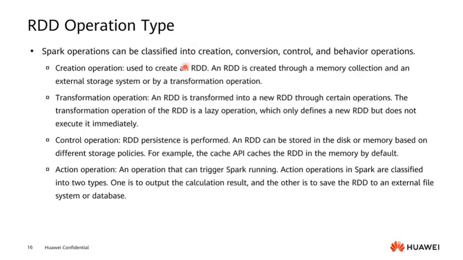Then we will introduce the operation types in Spark, mainly two kinds: transformation operators and action operators. Do you remember the operators of MapReduce? Actually, there are only two operators in MapReduce: map and reduce. By contrast, there are plenty of operators in RDD, which can be divided into two types: transformation operators and action operators.